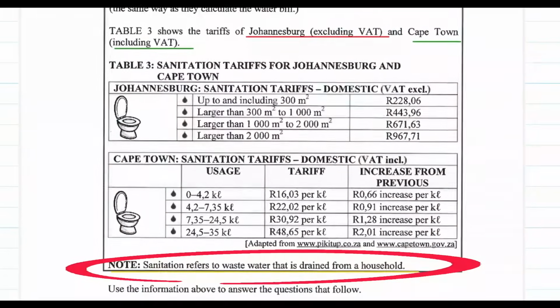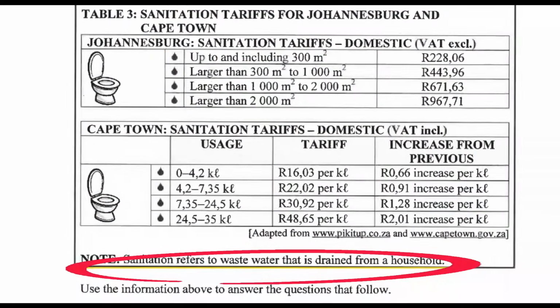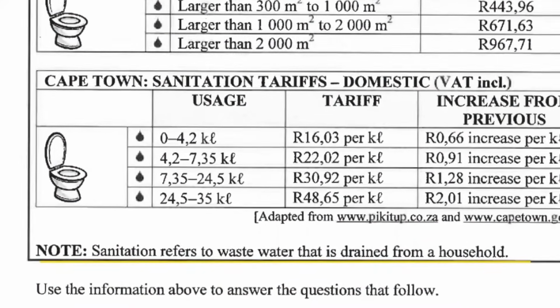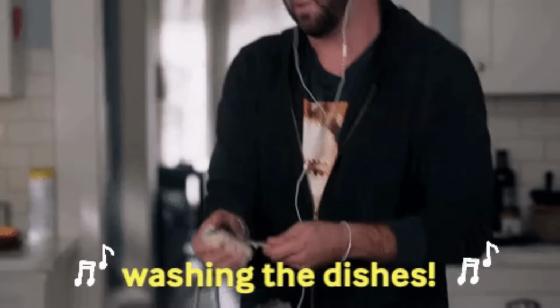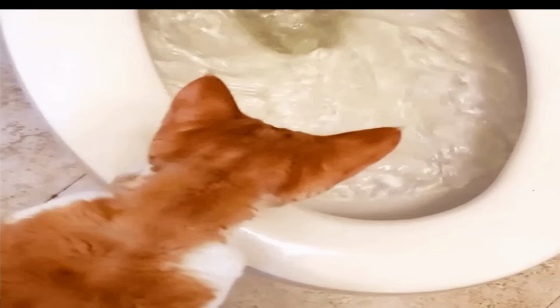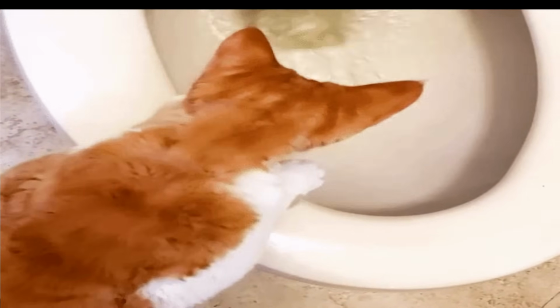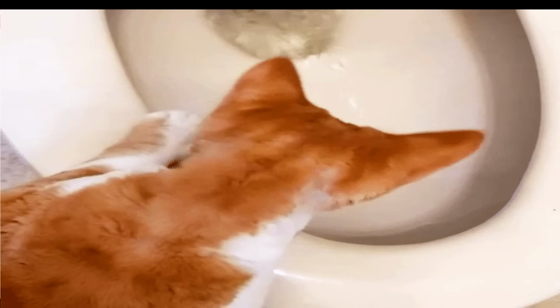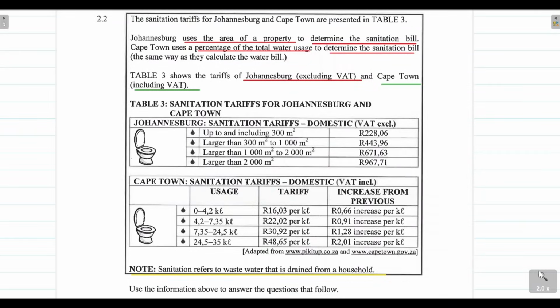So this is the water that, for example, after you've washed the dishes, you drain that water. After you flush the toilet, that water that drains out of the toilet, that is what we are talking about when we're talking about sanitation. So we are basically calculating how much you pay for draining out water in your household.